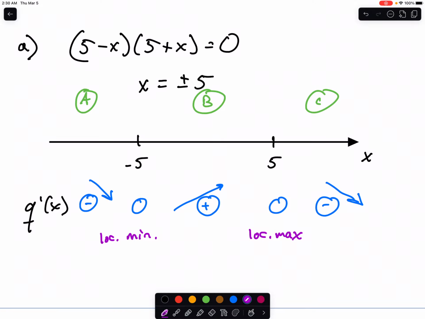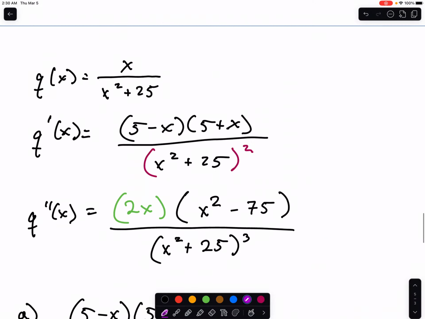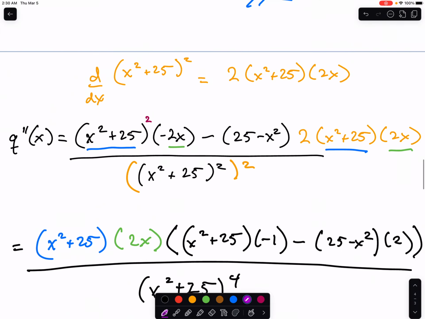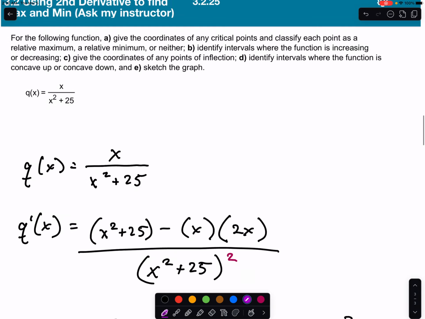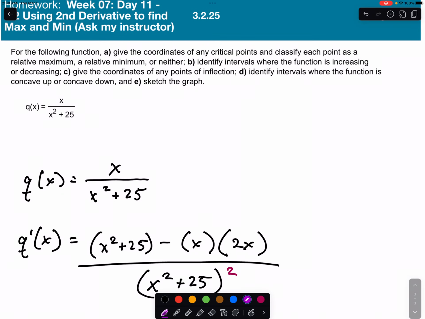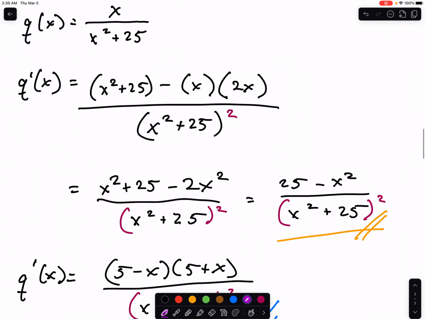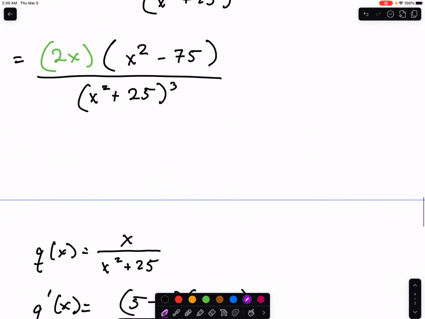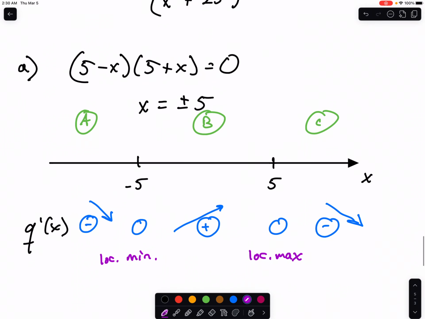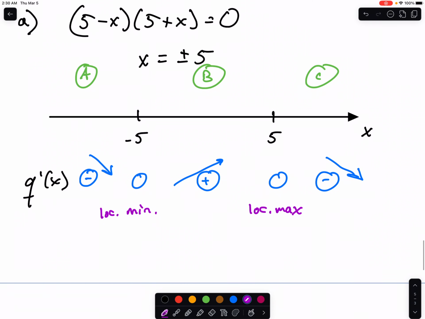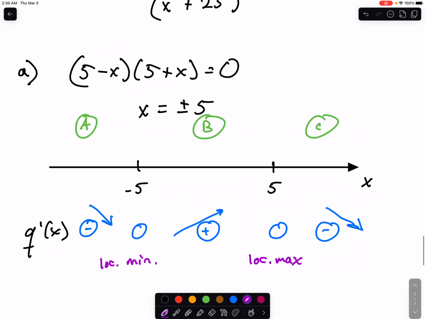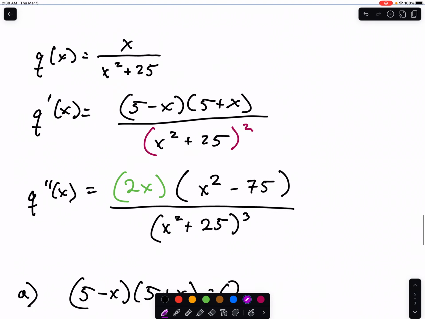All right, so let's go back to the original question. Give the coordinates of any critical points and classify each as a relative max or relative min. So we're saying that we have a relative minimum when x is -5, a relative max when x is 5. We just need to find the corresponding y from the original.